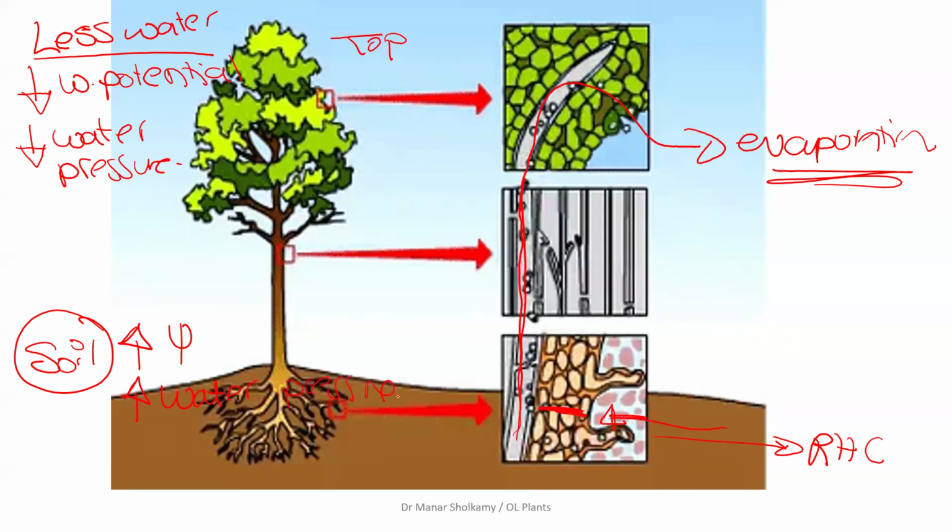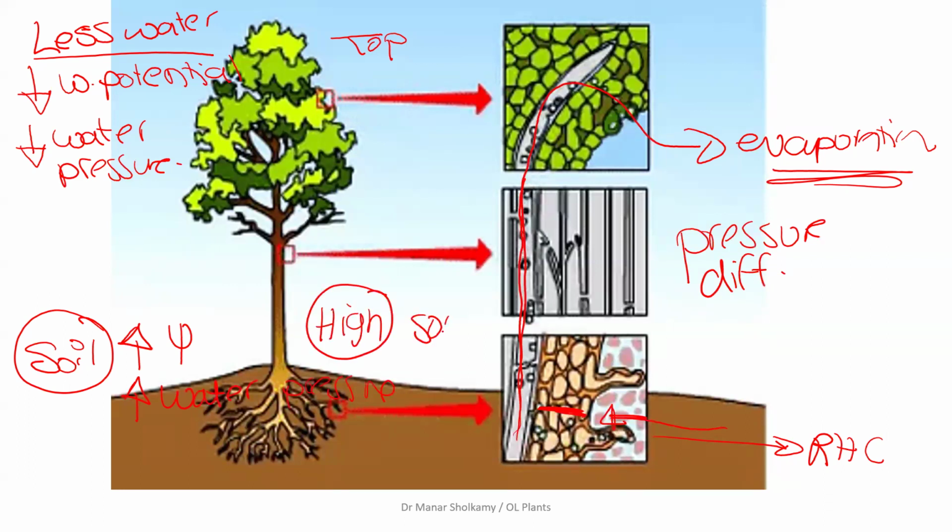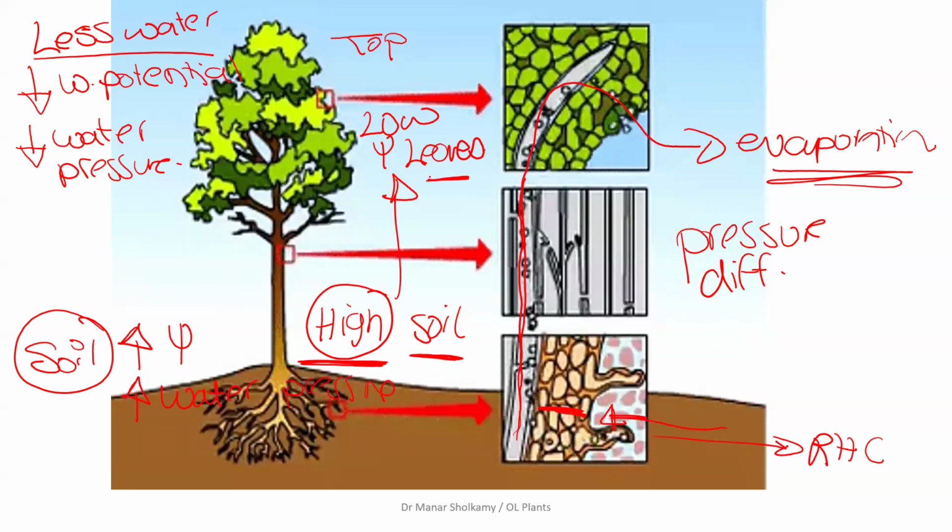Now, what does this create? This creates a pressure difference. I have high water pressure in the soil, and I have low water pressure at the leaves. And this will result in the pulling of water from high pressure, which is the soil, to low pressure in the leaves.